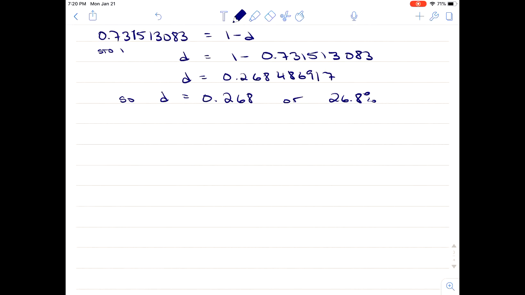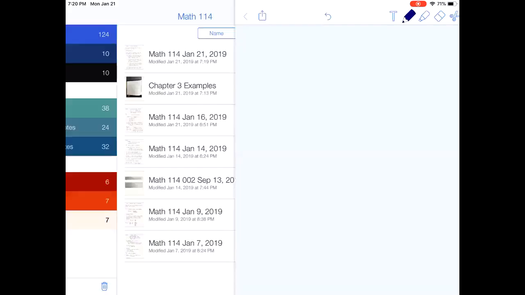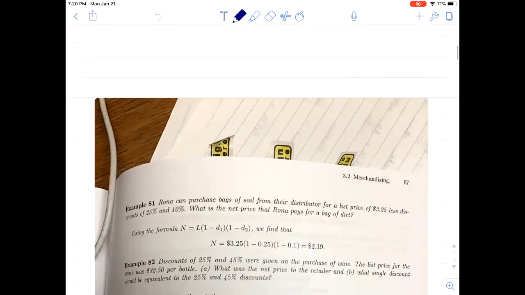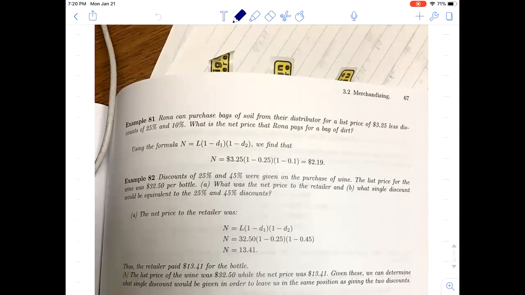Nice. So let's do another example. We haven't seen an example with multiple trade discounts.